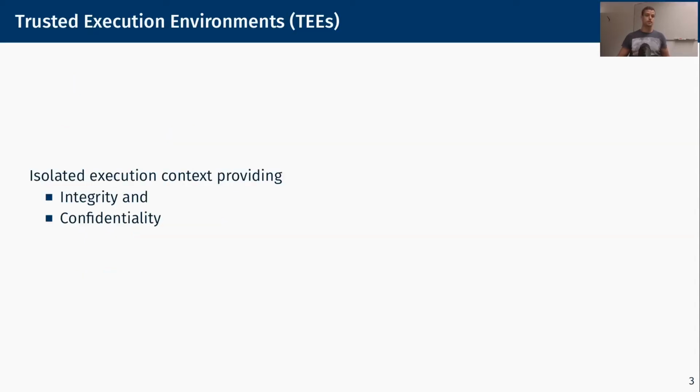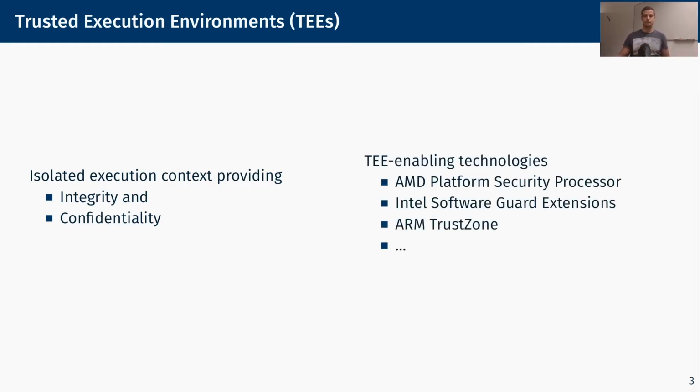So what is a trusted execution environment? Basically, it's an isolated execution context that gives you integrity guarantees for the code that is executed within it, and confidentiality guarantees about the assets that the code running within the TEE uses. Let's say a cryptography key should stay within the TEE and should never be exposed to the world outside of it.